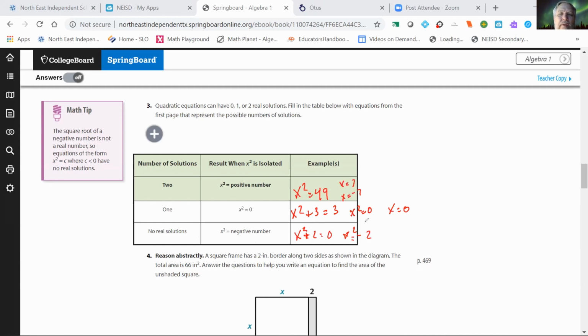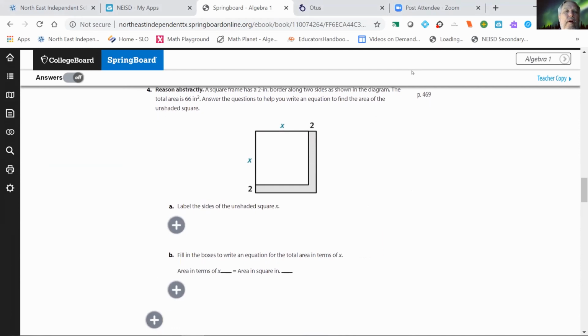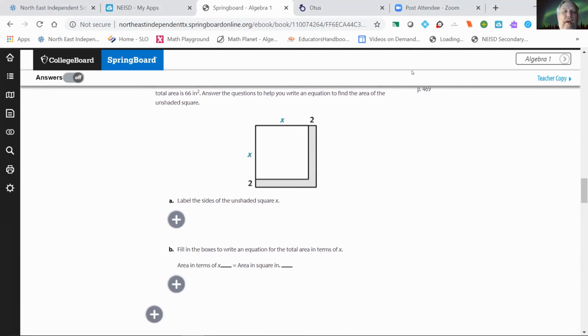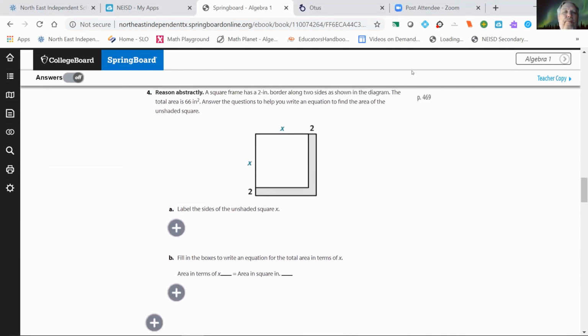All right, so item number 4. Reason abstractly. A square frame has a 2-inch border along 2 sides as shown in the diagram. The total area is 66 inches squared. Answer the questions to help you write an equation to find the area of the unshaded square.